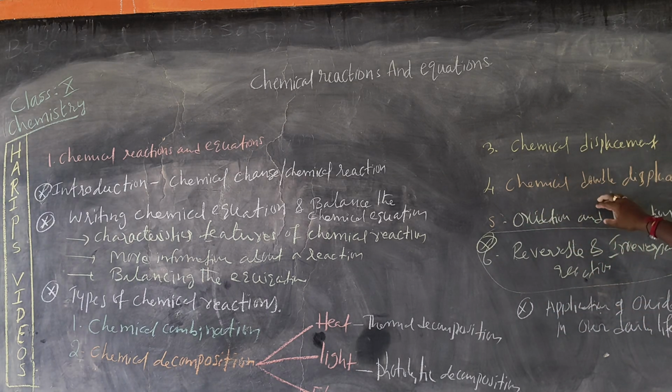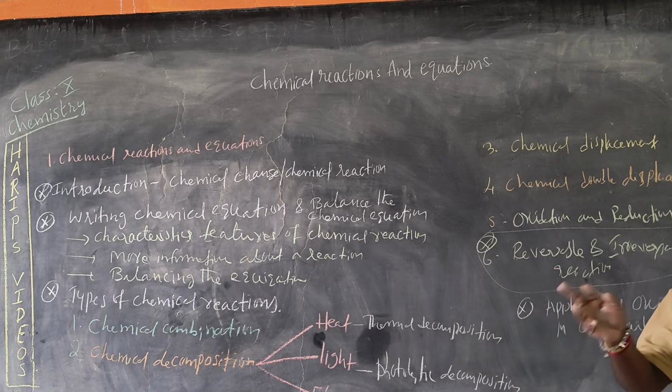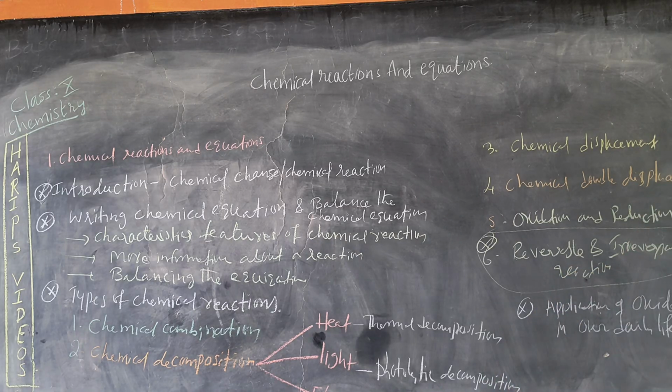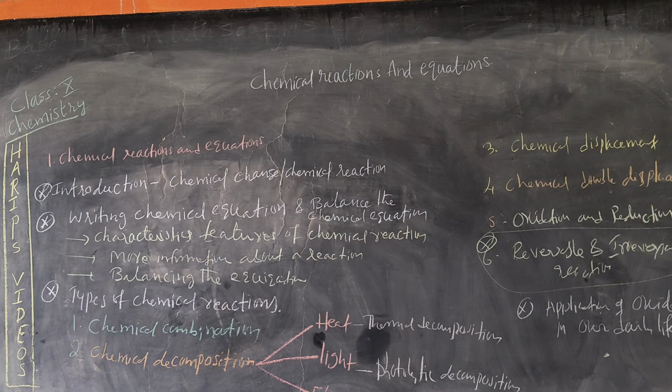Chemical displacement, chemical double displacement, oxidation and reduction. Let us understand what is oxidation and what is reduction with examples. Here some of the chemical reactions are reversible, some are non-reversible, or we can call irreversible reactions. Then finally application of oxidation in our day-to-day life, right?